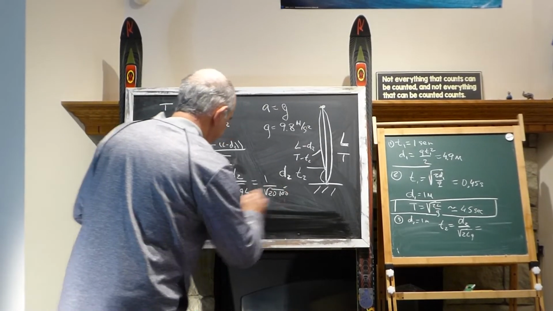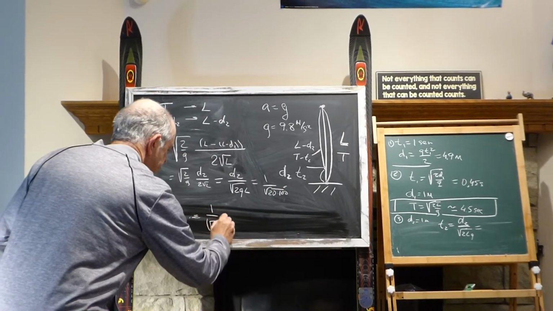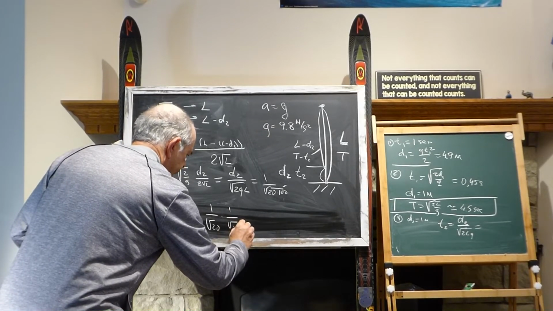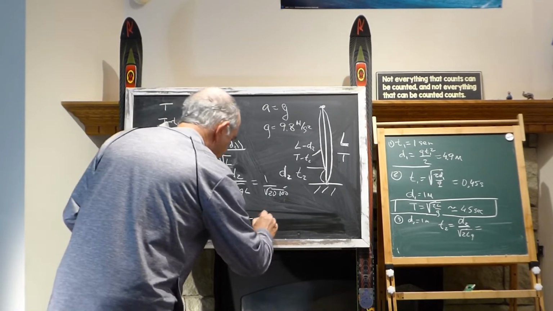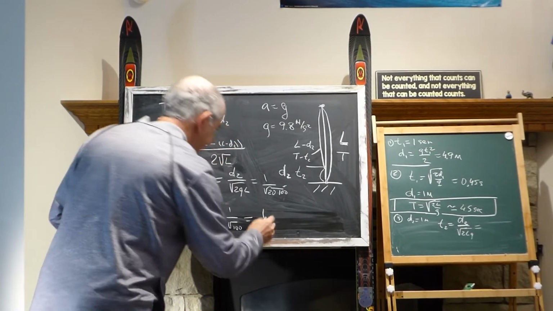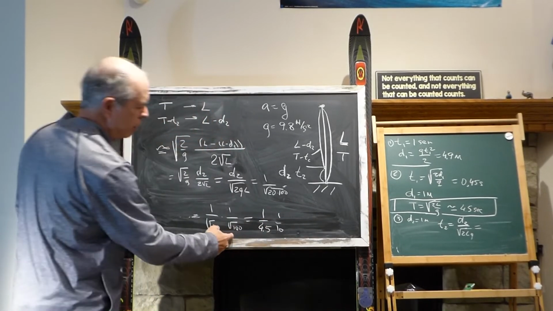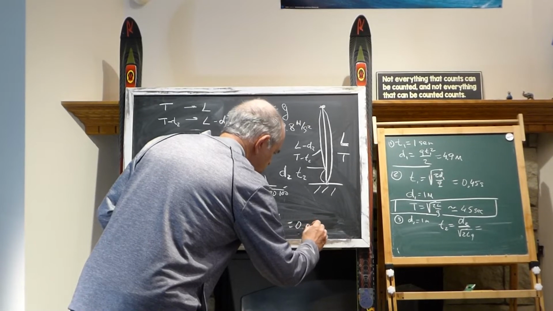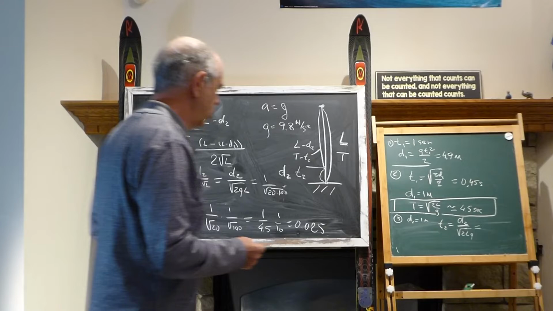It would be 1 over square root of 20, 1 over square root of 100, square root of 20 is roughly 4.5. So this would be 1/10, and it would be 0.025 or 23, I don't know.